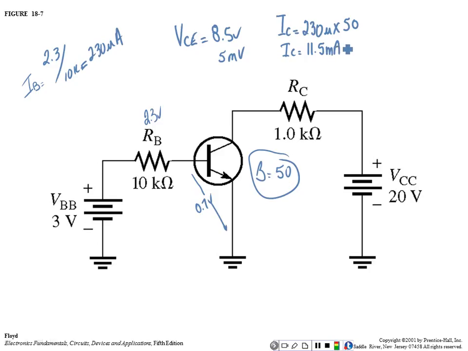Some of you could have calculated this in no time, right? Then VRC would be equal to 11.5 milli times 1K.